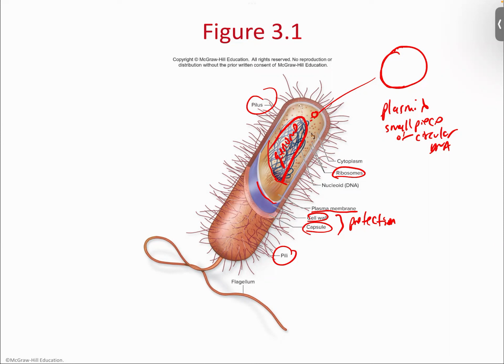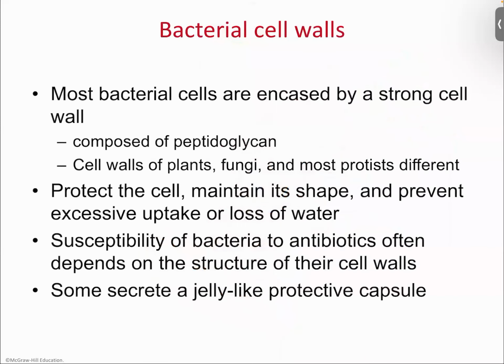The other thing we also have is the flagellum, a large whip-like structure that's largely for locomotion. So let's first take a look at the cell walls. A bacterial cell wall is strong.